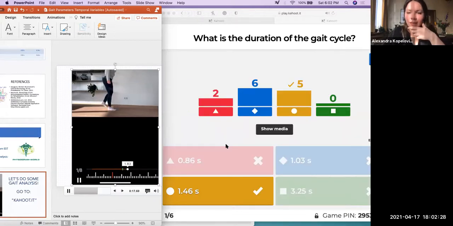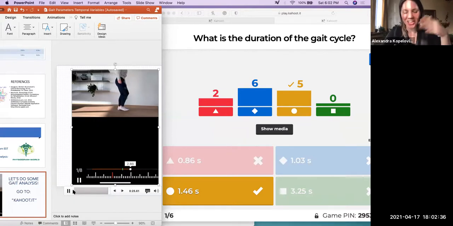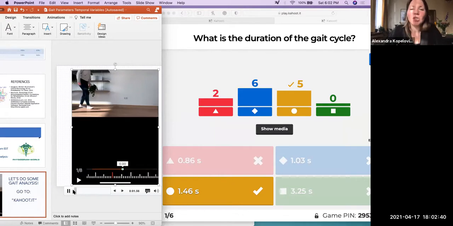Okay, let's see. We're kind of all over the place here, but that's okay because the video is going pretty fast. In a normal scenario, you can pause the video and see your value. Here you cannot. So the patient stands, and we start with 0, the contact of the right foot, and we're waiting for the right foot to contact the ground once again.